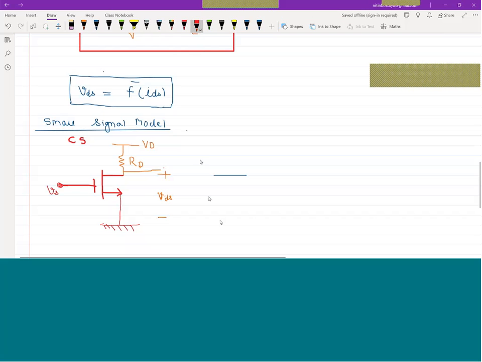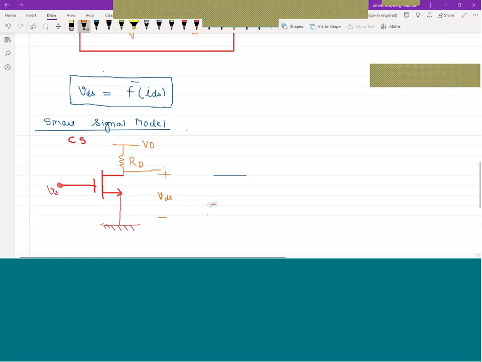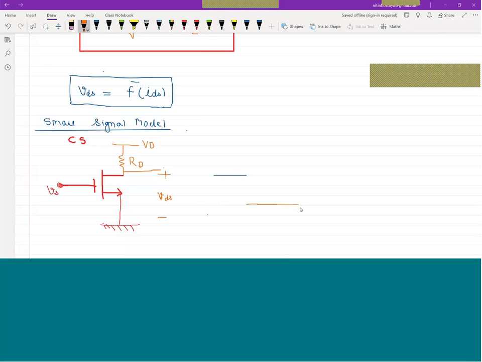Then we are having one source terminal, this is VS. Now this potential is known as VGS.